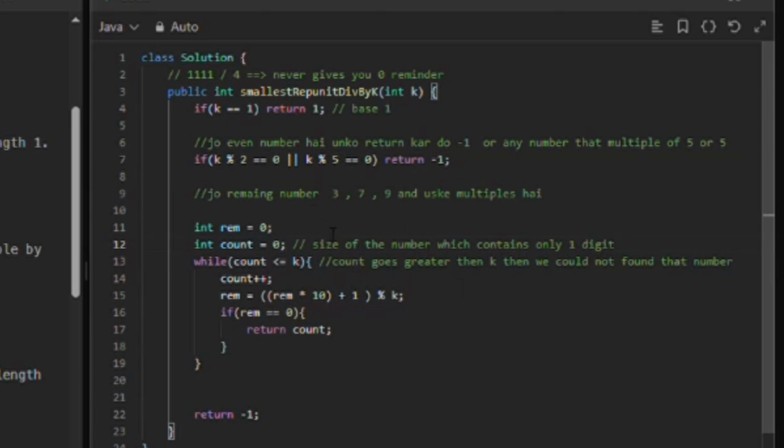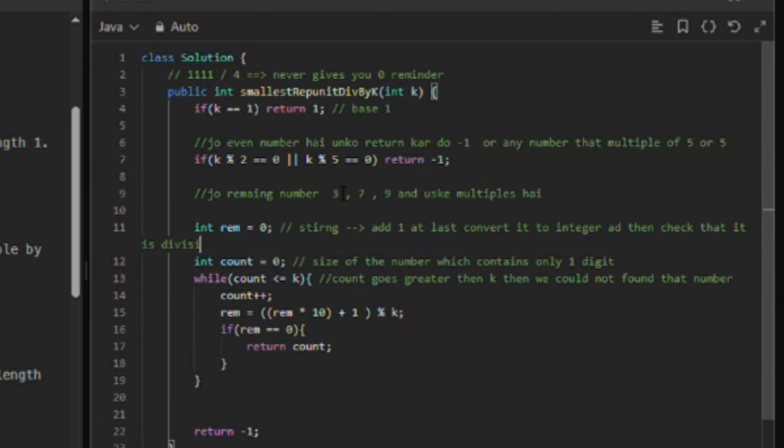The idea which comes to mind is to take a string, add 1 at the end, convert it to an integer, and then check whether it is divisible by k or not. We have to check that.